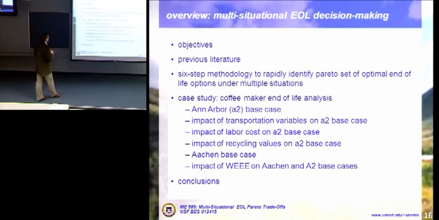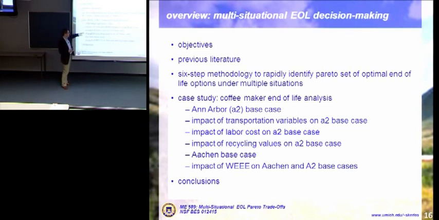So what I'm going to cover here is the state of the art as it was about 5 years ago. It hasn't progressed that far since then. Then we'll go through a 6-step methodology to establish optimal end-of-life decisions for this coffee maker, and then look at some results.